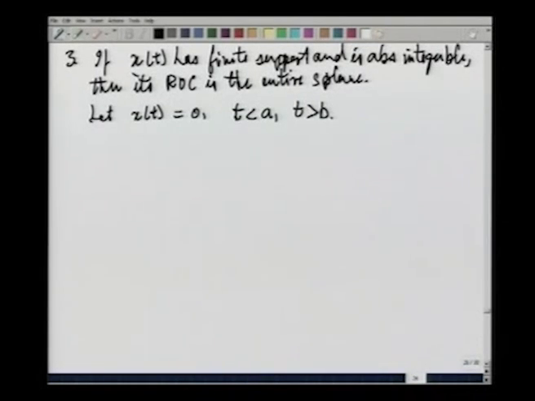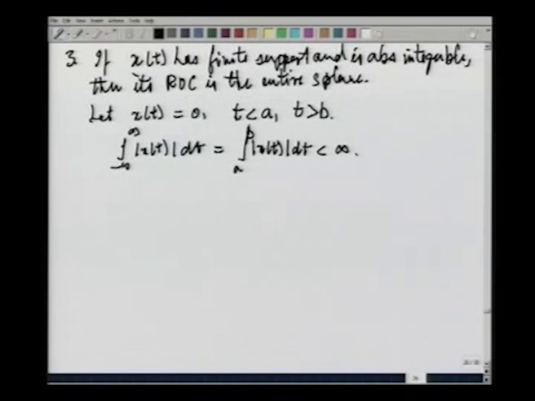Suppose we have this x(t) given to us. Then we also know it is absolutely integrable. We know that the integral from minus infinity to infinity of mod x(t) dt, which is just equal to the integral from a to b of mod x(t) dt, is finite.